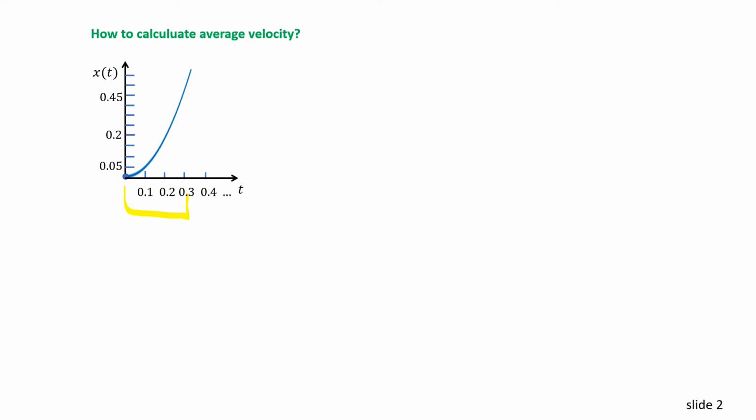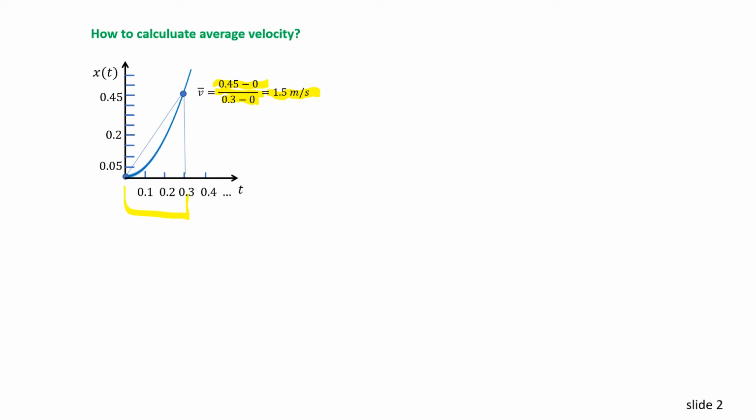Well, we can use a formula that involves rise over run. Let me explain. So the change in displacement, 0.5 minus 0, the rise, divided by the change in time, 0.3 minus 0, the run. The result is the average velocity, 1.5 meters per second.